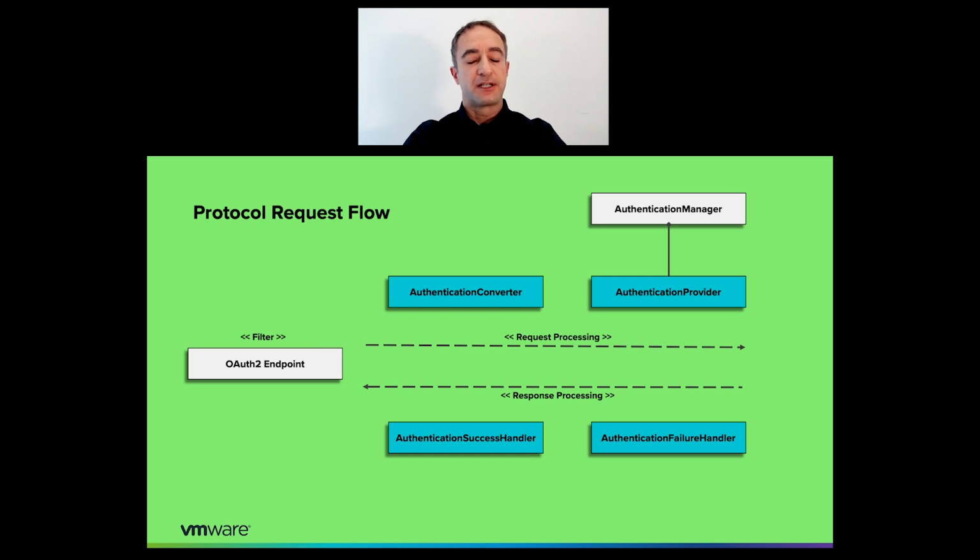So let's say we have a request coming into the OAuth 2 endpoint. It's going to delegate to the authentication converter. The responsibility of this component is to determine the request that's coming in. Let's use an example because it's probably going to be a lot easier. Let's say it's an access token request coming to the token endpoint, and we're going to use the authorization code grant.